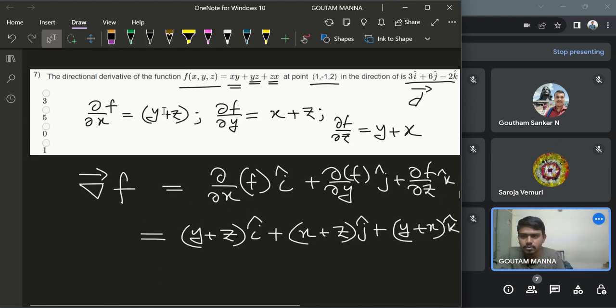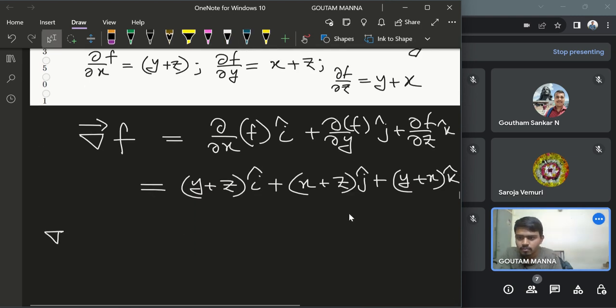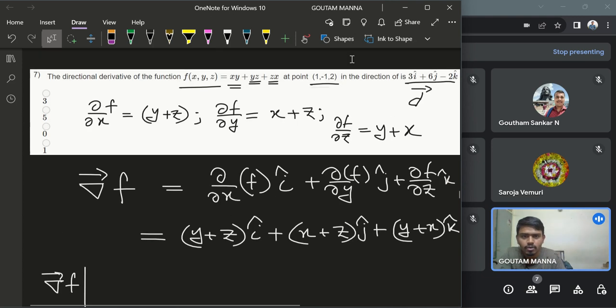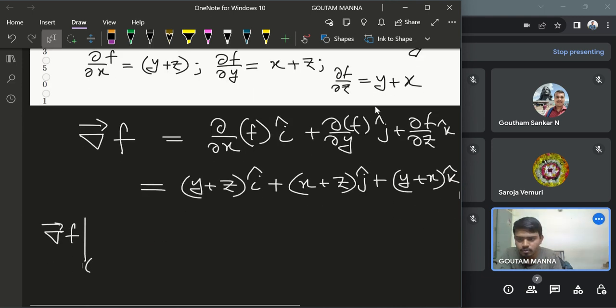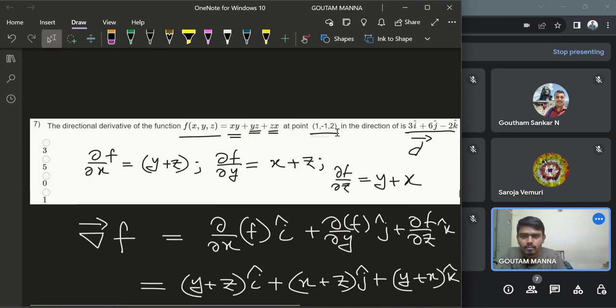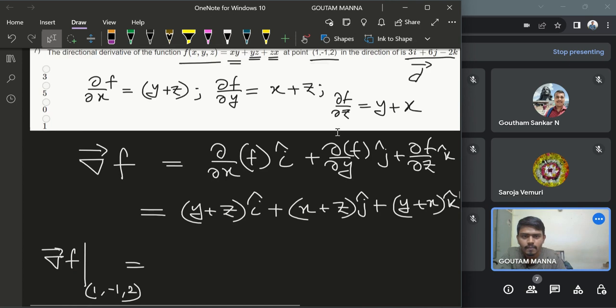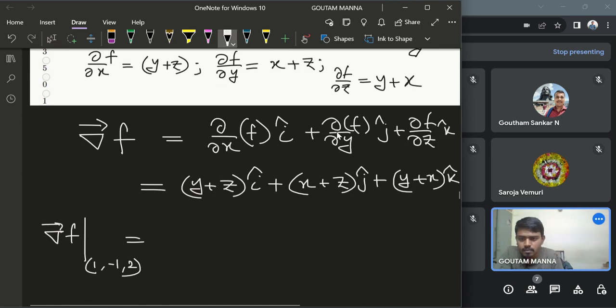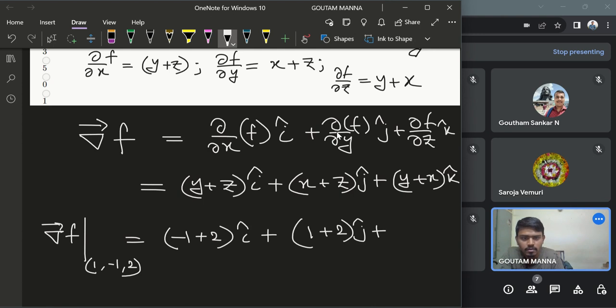So now we have to find the derivative at this point. The grad of f at point (1, minus 1, 2): if you put the values, y is minus 1 plus z is 2 i hat, plus x is 1 plus z is 2 j hat, plus y is minus 1 plus x is 1.